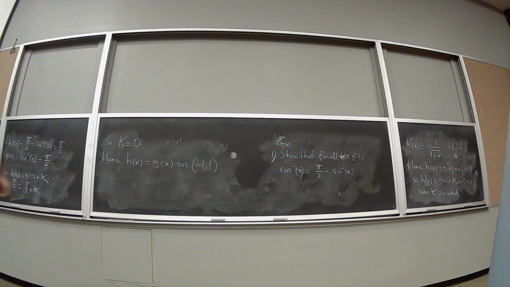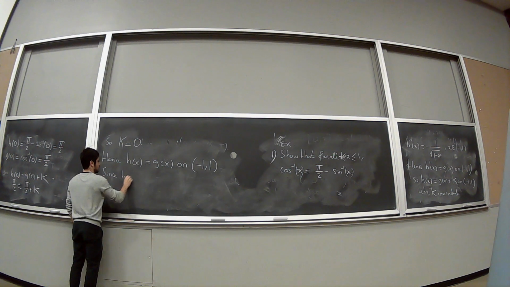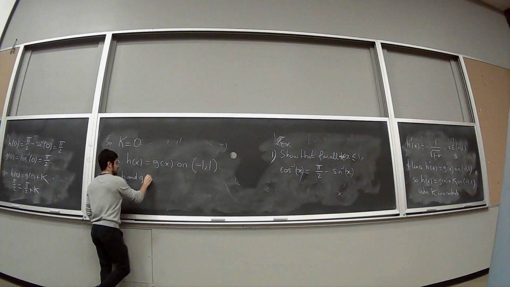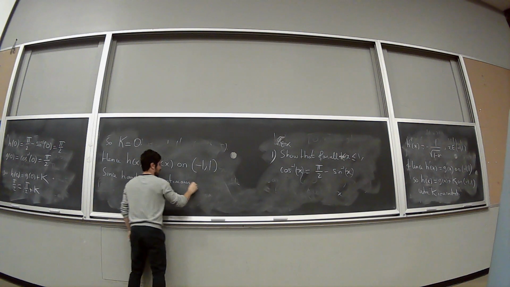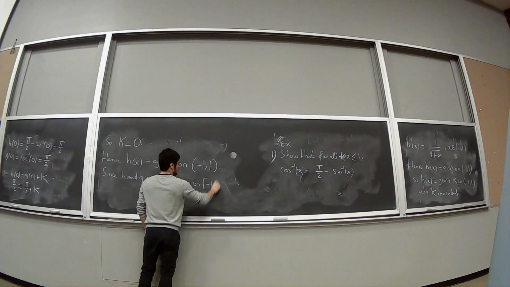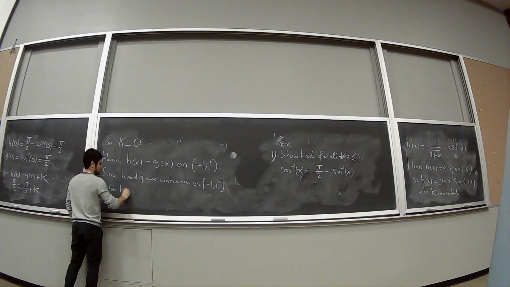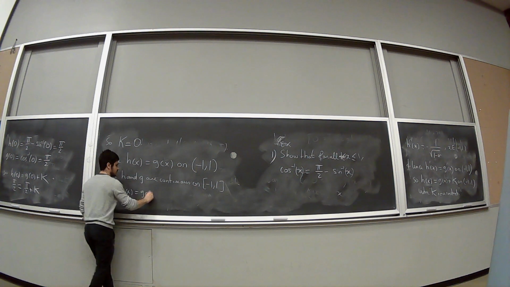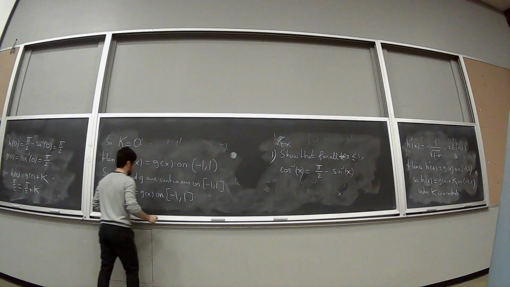So since h and g are equal on -1, 1, then h of x is equal to g of x on -1, 1.